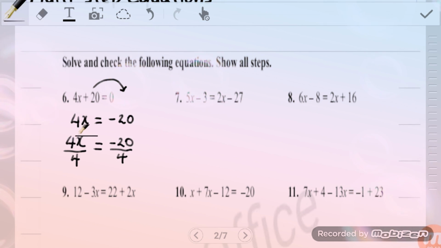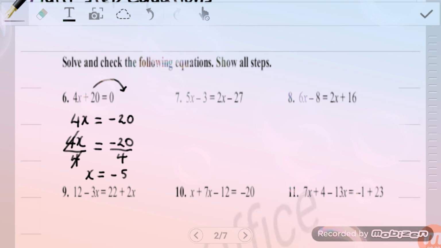Crossing out the two 4's, we'll end up with x being equal to -5. Now that's what I would refer to as a shortcut method in getting to your answer.